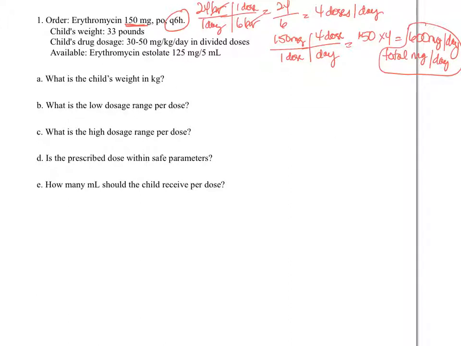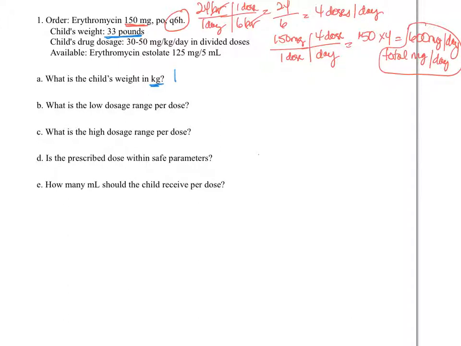The next thing we're going to do is look at the child's weight. Here we have it in pounds, but everything else is in kilos, so we need to convert 33 pounds into kilograms. How do we do this?